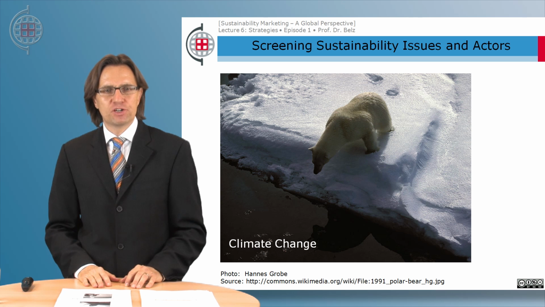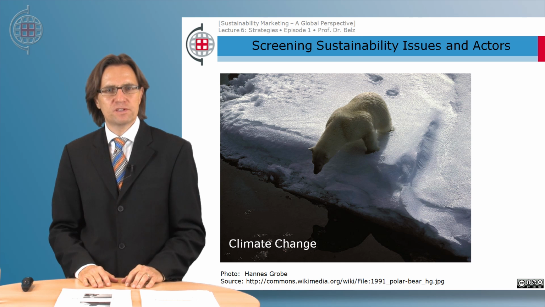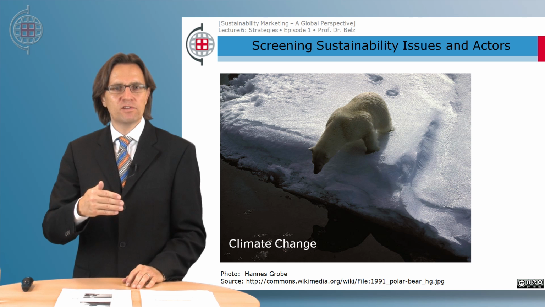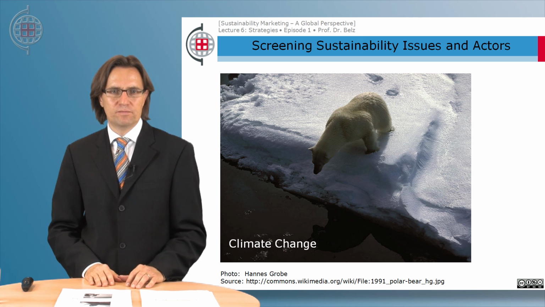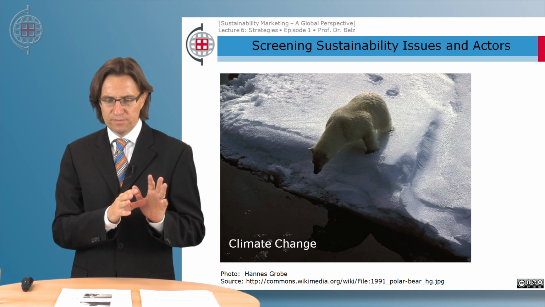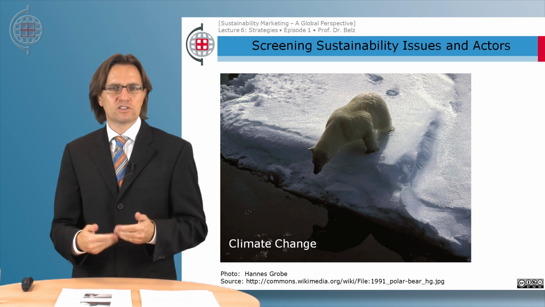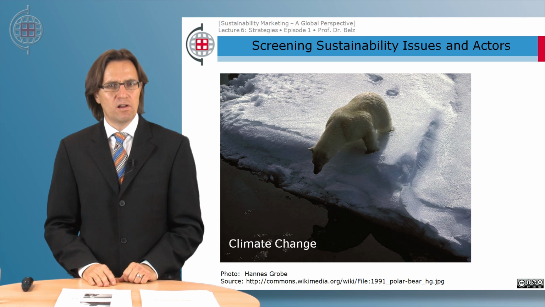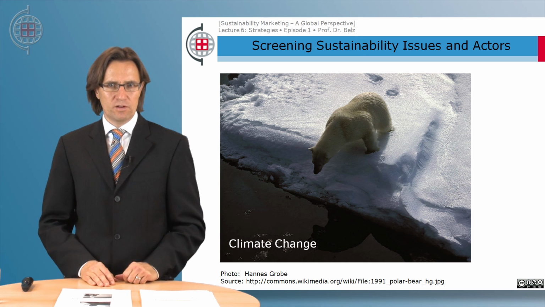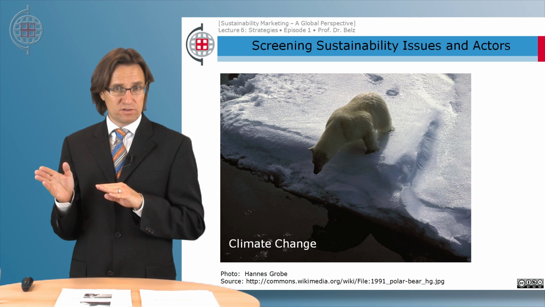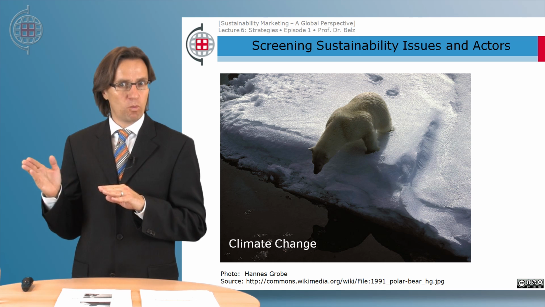Let's take the example of climate change and relate it to the issue attention cycle. It was first discovered in the 1960s and 1970s by scientists that there is a rising level of CO2 emissions. So this was the first stage. And later on, some scientists suggested that the rising level of CO2 emissions might be correlated to the rising temperature, the global warming.